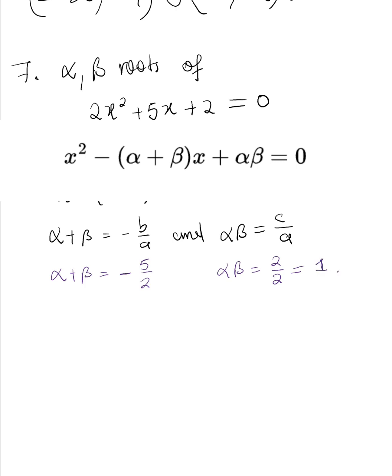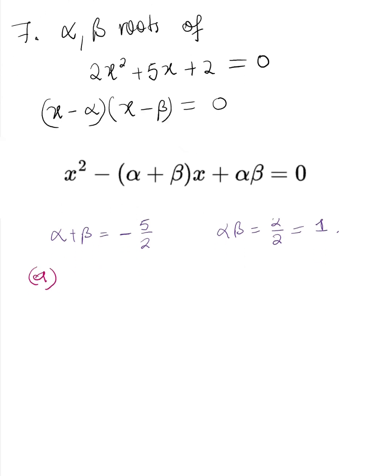Now we can go ahead and solve the first part. We are looking for this sum: 1 over alpha squared plus 1 over beta squared. If you are given a sum, the ideal thing is to express it as a single fraction. The common denominator is alpha squared beta squared.